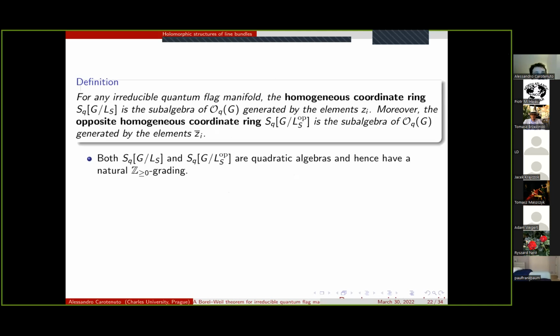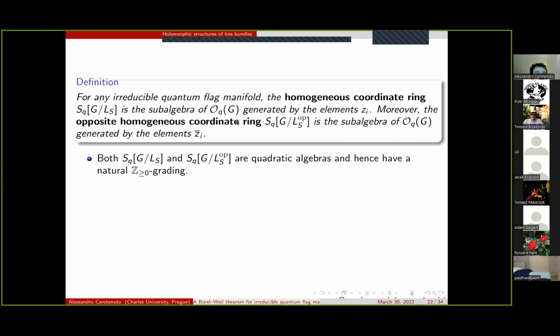Let's start by defining inside O_q(G) the homogeneous coordinate ring S_q(G/L_S), which is the subalgebra generated by the elements z_i introduced previously.